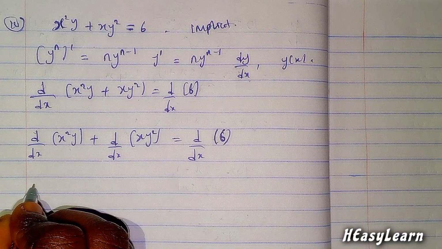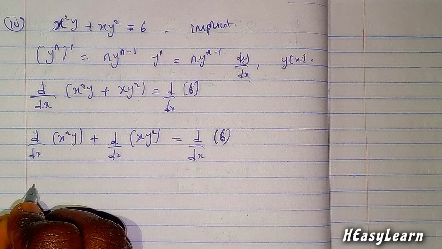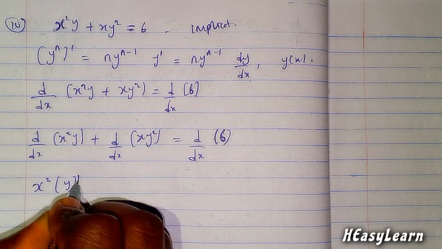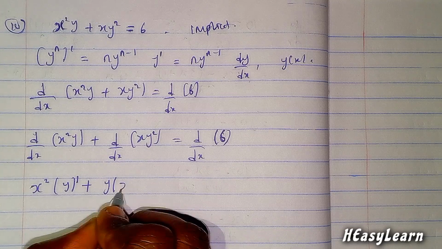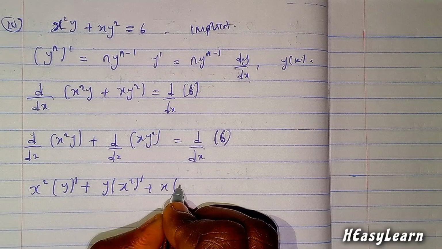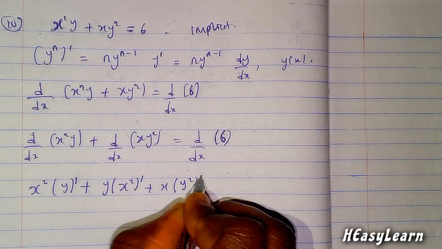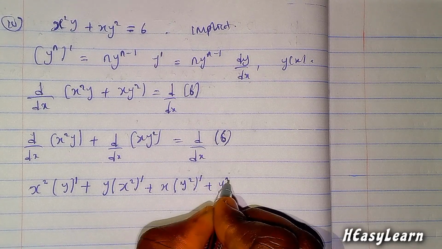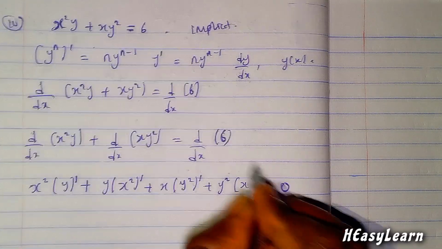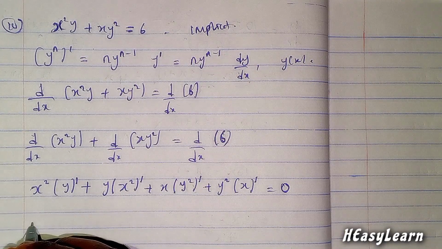So to differentiate this function implicitly, term by term: keep the first one, differentiate the second one, plus keep the second one and differentiate the first one, plus x, keep the first one, differentiate the second one, plus keep the second and differentiate the first, equals 0. The derivative of a constant is equal to 0.